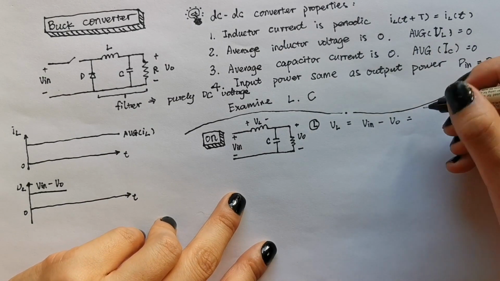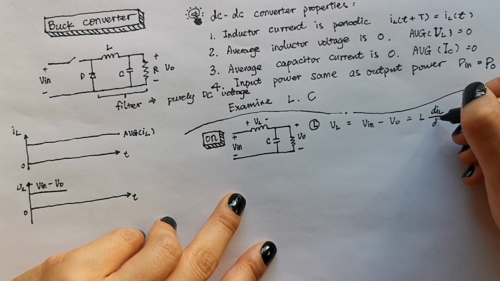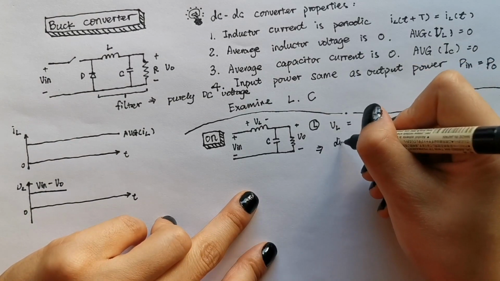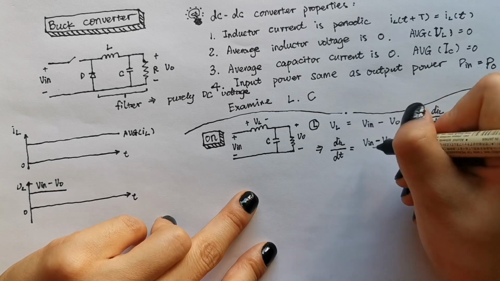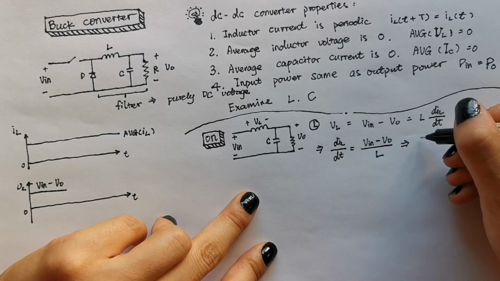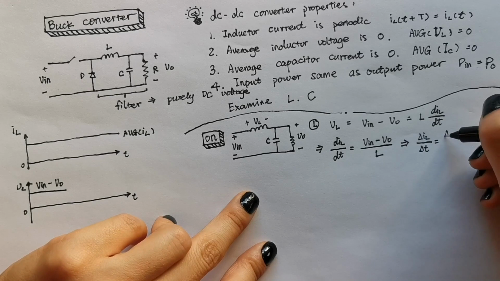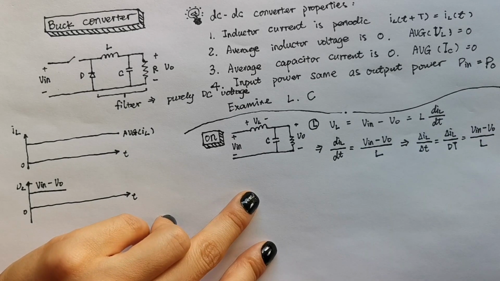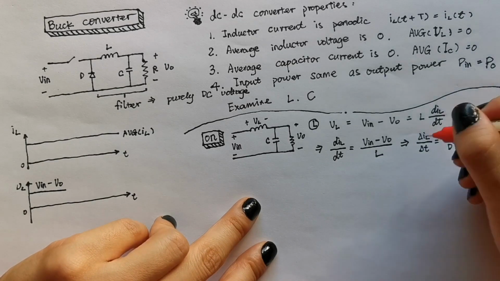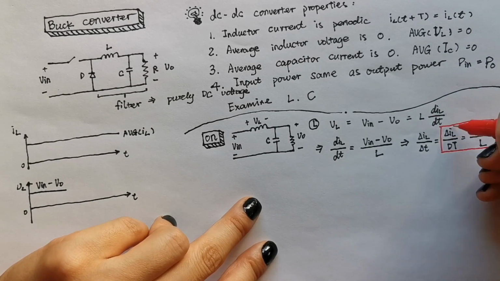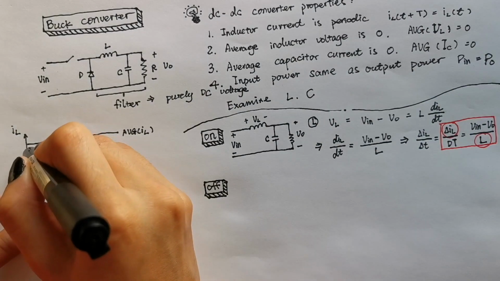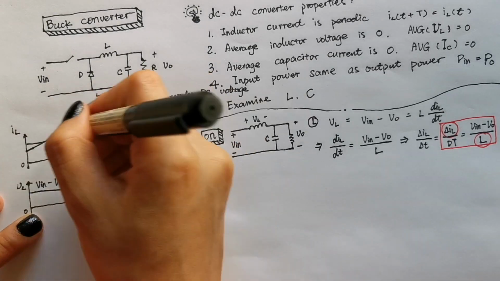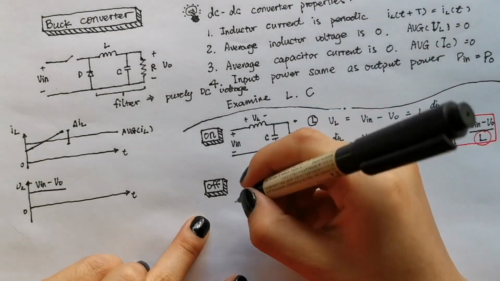Also, we know the inductor voltage is equal to L times di/dt. After rearranging, we get that the current ripple divided by dt equals Vin minus Vout divided by L. This gives us the relationship between the current ripple and inductance. Since the derivative of the current is a positive constant, the current increases linearly like this.